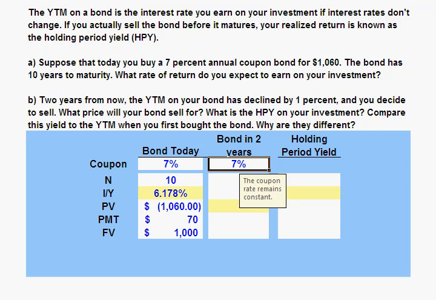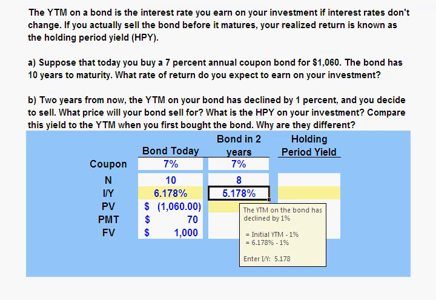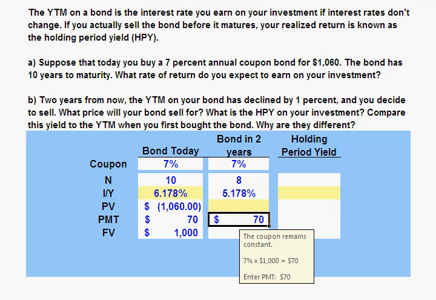2 years from now, though, our bond will have 8 years until it matures, so enter 8 for the number of periods. We're told that the yield on our bond has declined by 1%, so enter 5.178% as the interest rate on our bond. Recall that our bond pays a 7% coupon, or $70 per year.